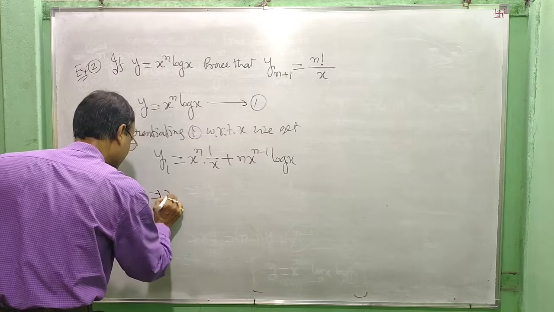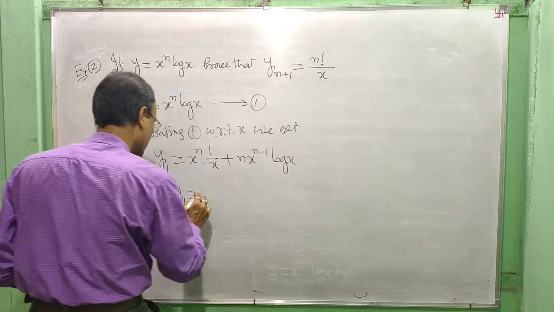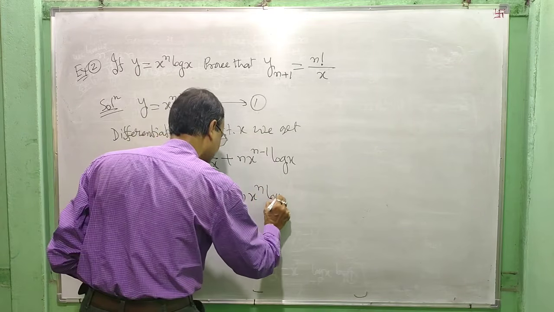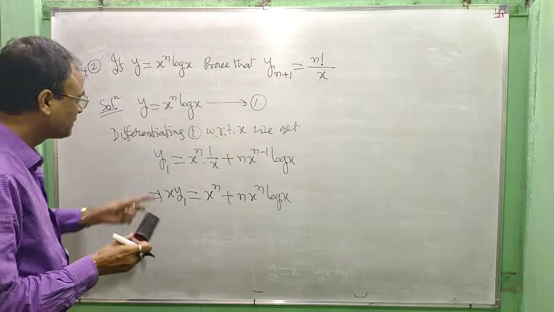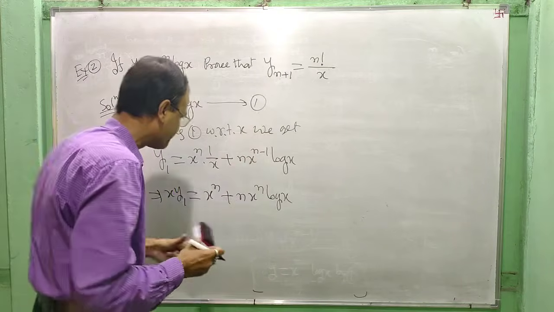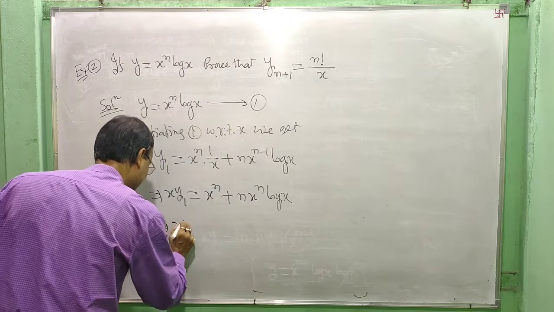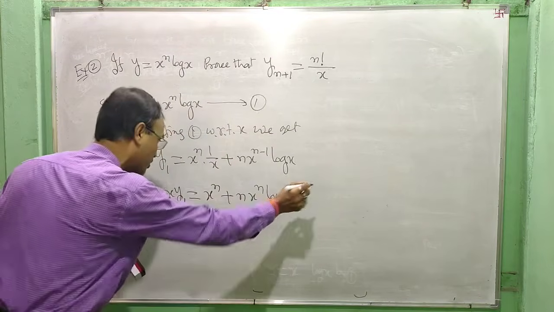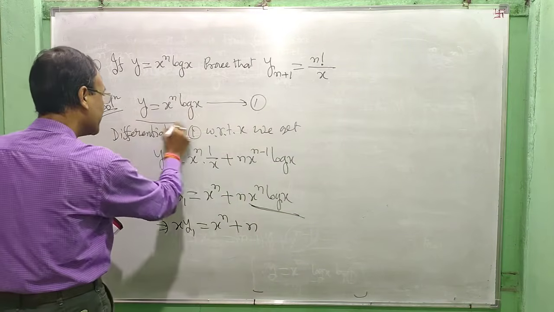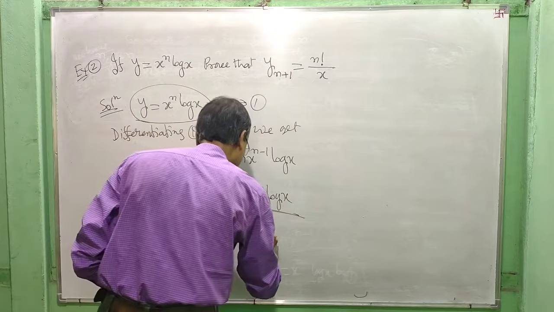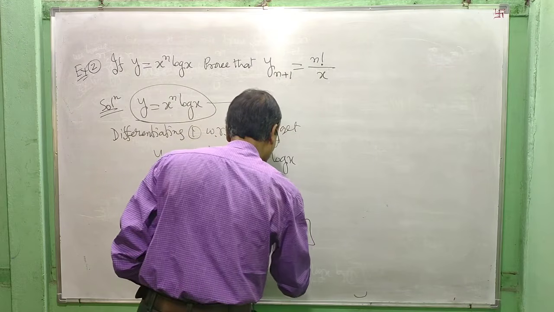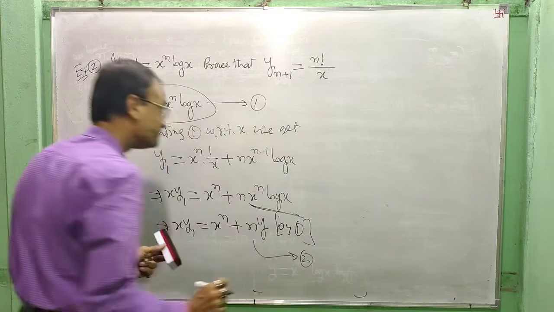This means x y_1 is equal to x^n plus n x^n log x. If you multiply by x, then it will be x^n. Here x^n log x can be replaced by y. Write this as number 2.